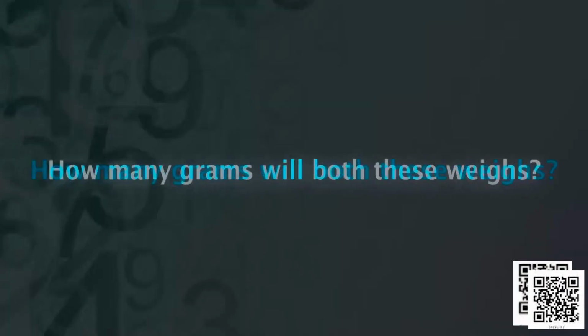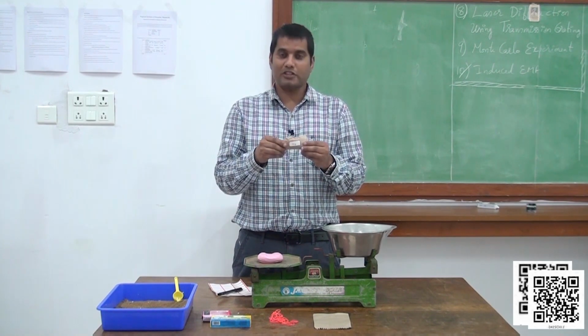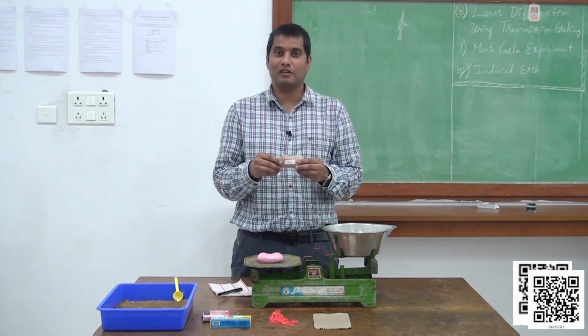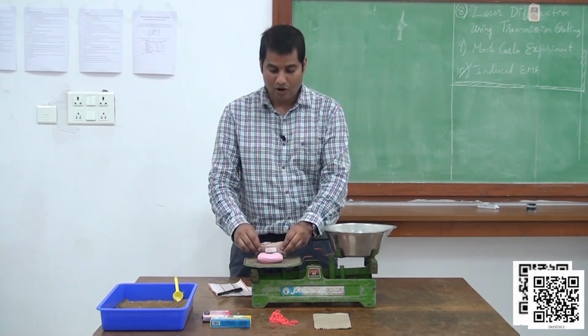Dear students, if you put the weight that we have made now in the same pan in which the cake of soap is there, then how much will these two things weigh together? How many grams will both of these weigh? If you put this 100 gram sand weight that we have made in the same pan where we have kept our soap, now how much does this weigh?